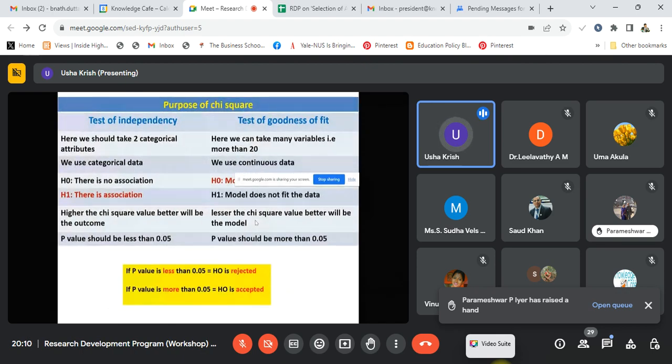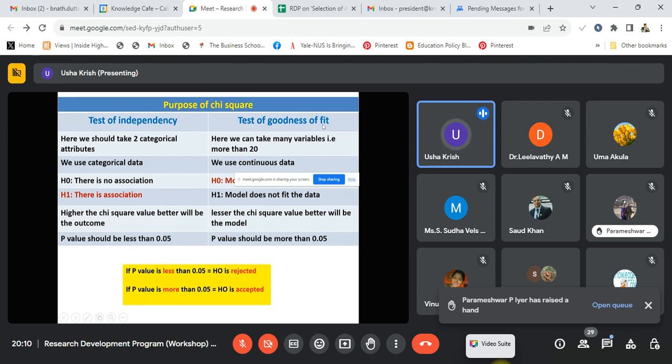In case of chi-square, we come across two types of chi-squares. One chi-square test is used to measure the association between two attributes. Another chi-square is used as a test of goodness of fit.